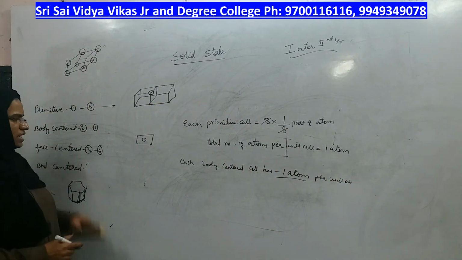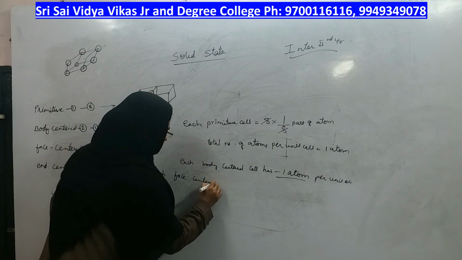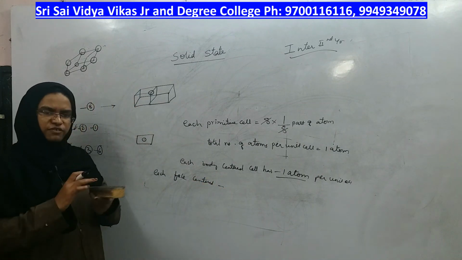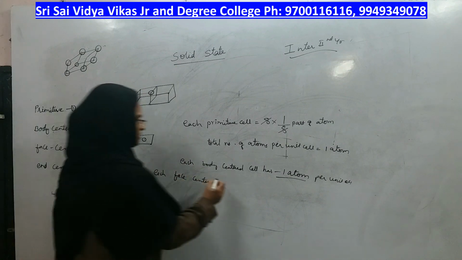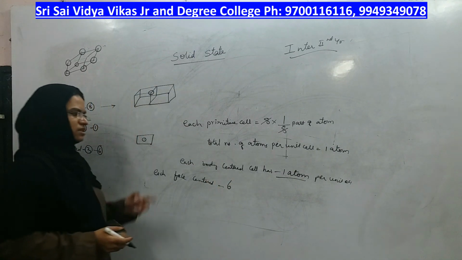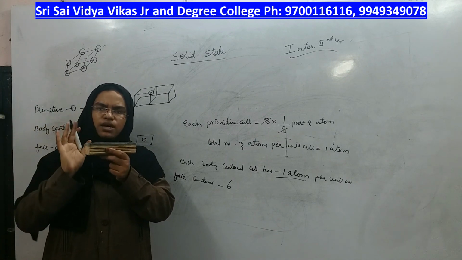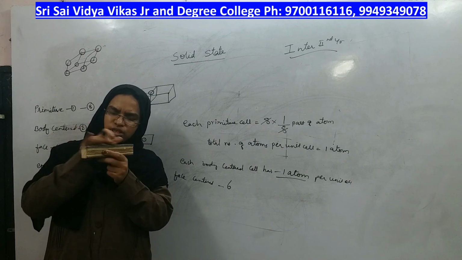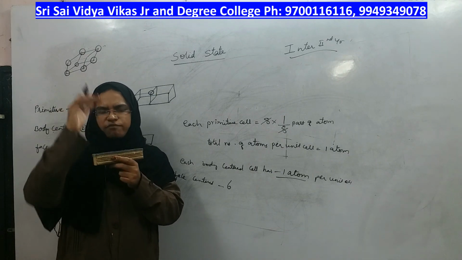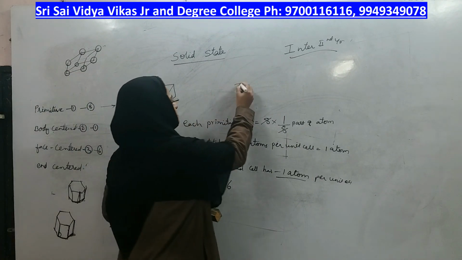Coming to the face centered, how many faces in total? 1, 2, 3, 4, 5, 6, 6 faces. It means in 6 faces, one atom is arranged, right? If an atom is present here, half part belongs to this box and the other half part belongs to the box above, because it is a crystal lattice.